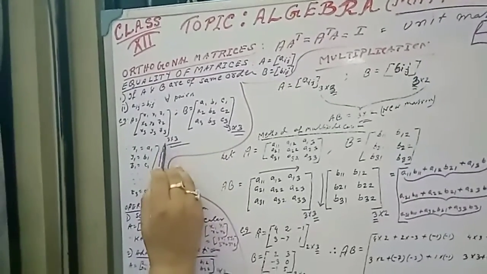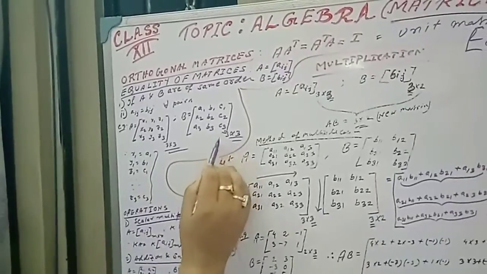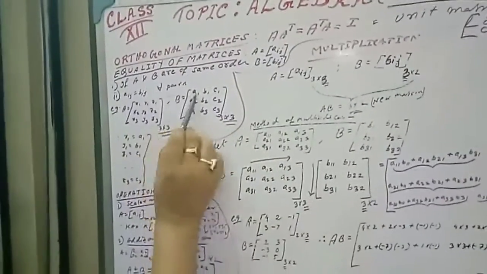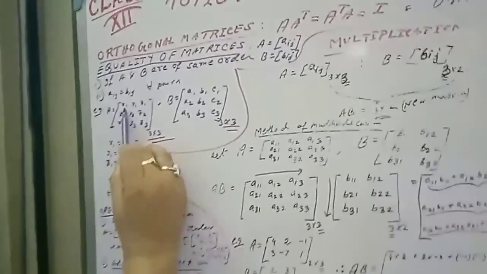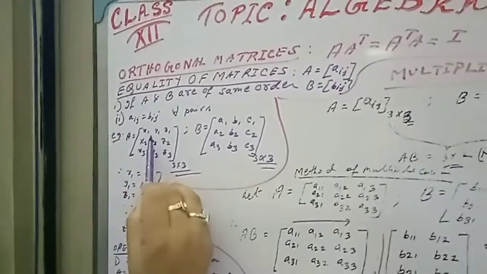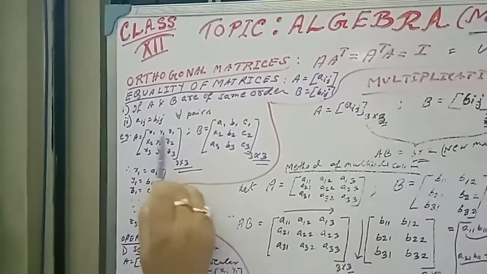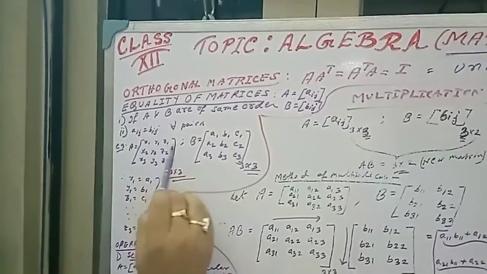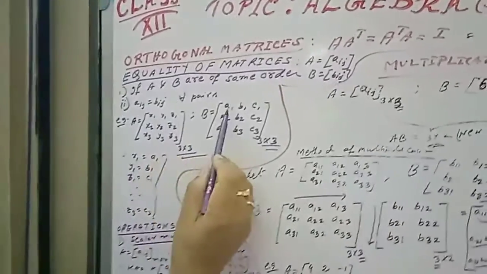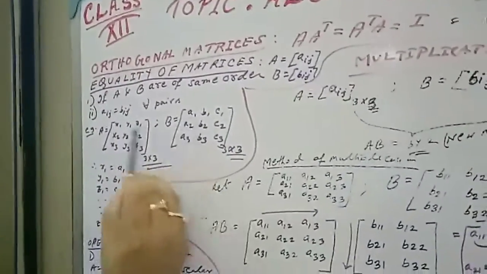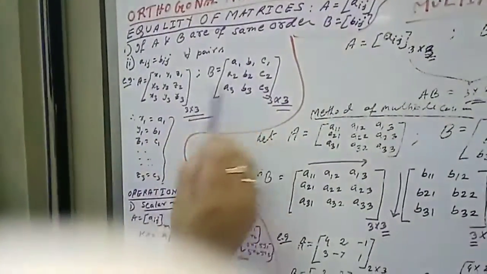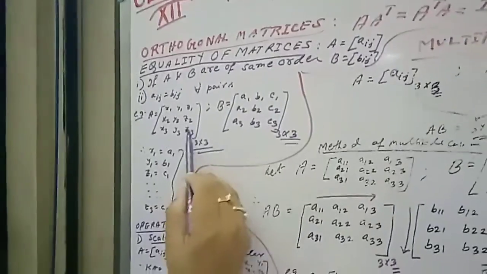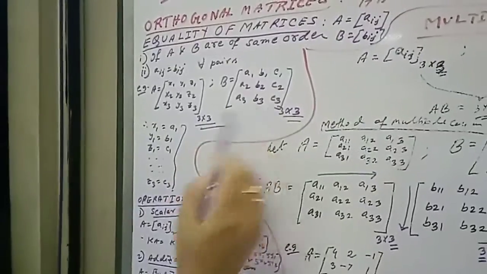See here, A is 3 by 3 order, B is also 3 by 3 order, they are of the same order. When they are of the same order, then their positional elements should be equal. Positional elements means this is the a11 position, this is also the a11 position. 1 1 position we have already discussed, 1 1 position means the first row, first column intersection point. So x1 is equal to a1, y1 is equal to b1, z1 is equal to c1. Similarly we will get all the elements, so at last we will get z3 equals c3.